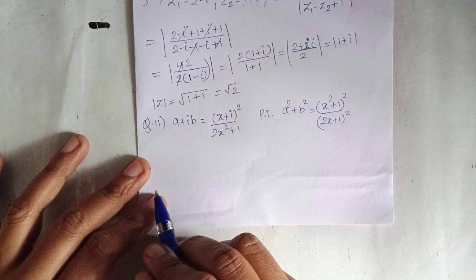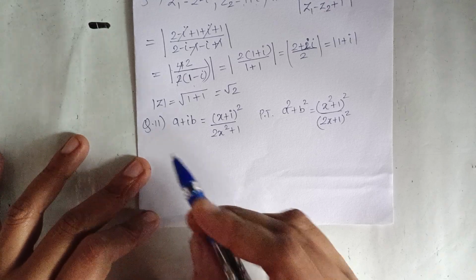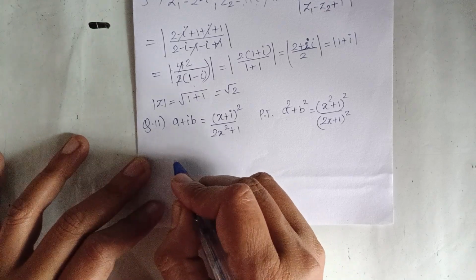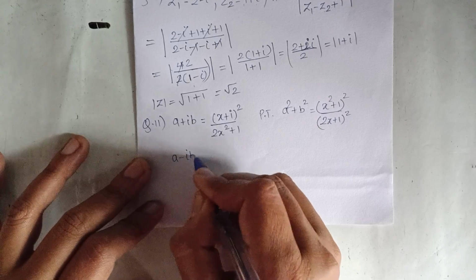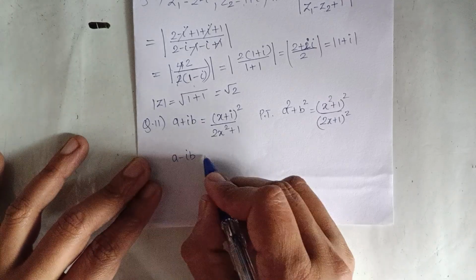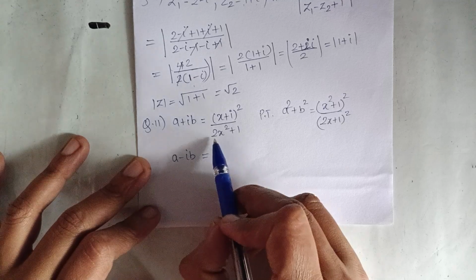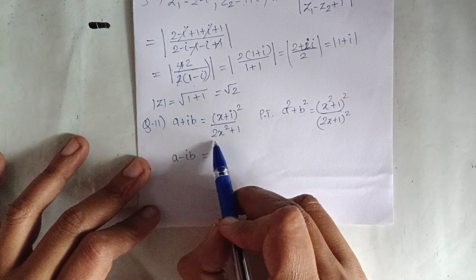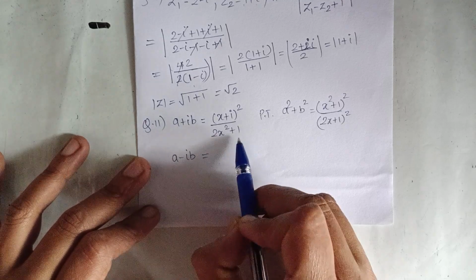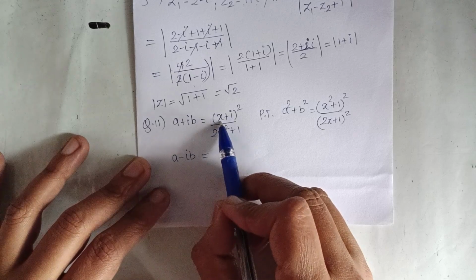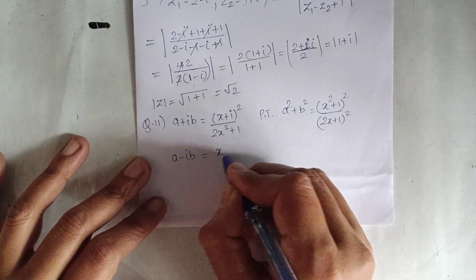So if you take the conjugate, a minus ib, taking conjugate on both the sides, you will get, this is the real part. Okay, here no i is there. So you have to take conjugate in this part.